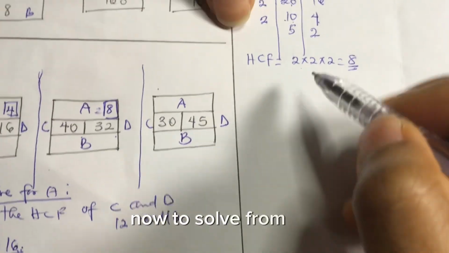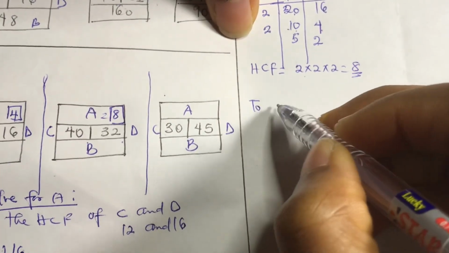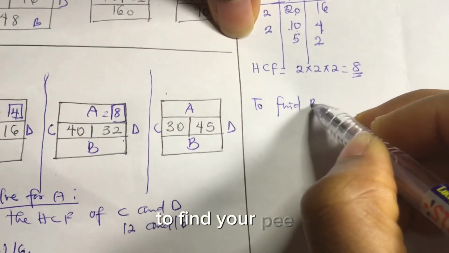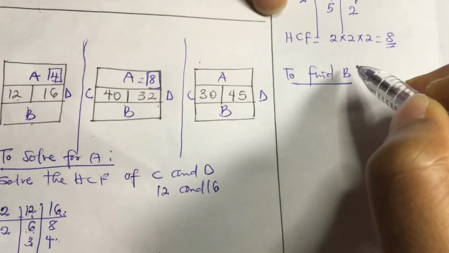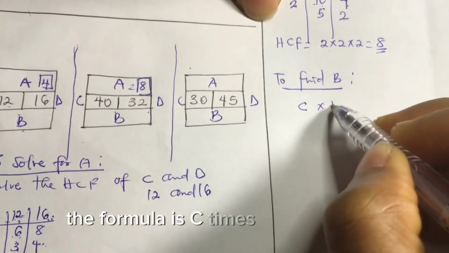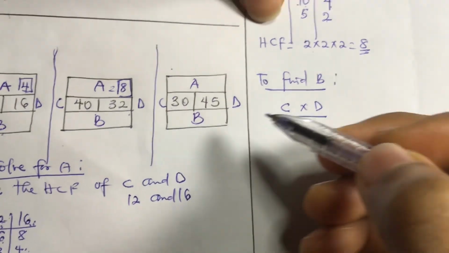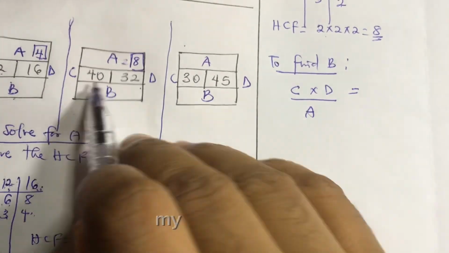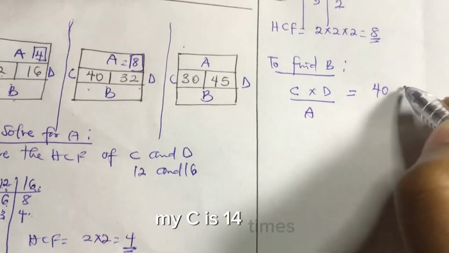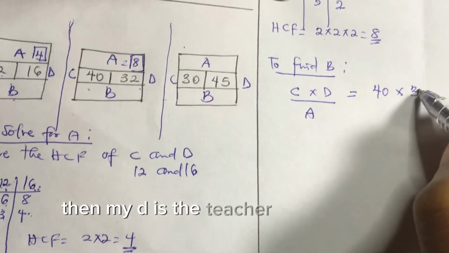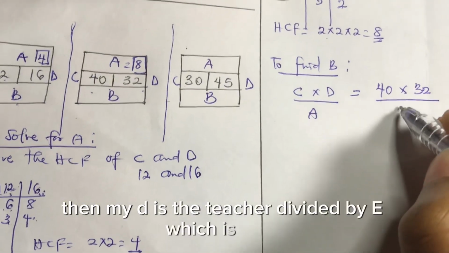Now to solve for B, the formula is C times D divided by A. My C is 40 times my D is 32 divided by A, which is 8.